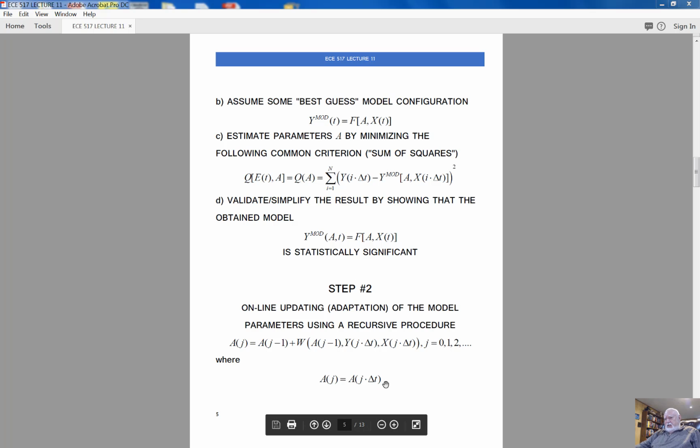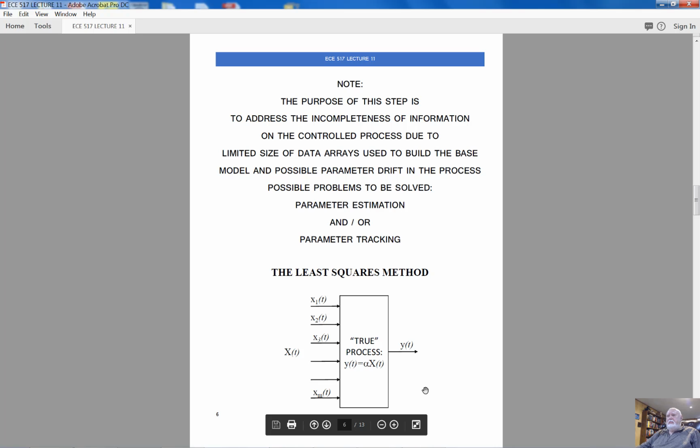Well, I put a clarification here saying that A of j actually is the set of parameters A for time equal to j times delta t. I want to make a note that the purpose of step number 2 is to address the incompleteness of information of the controlled process.